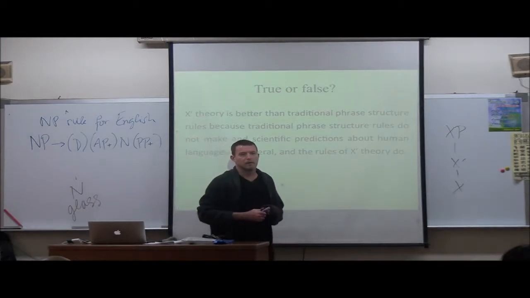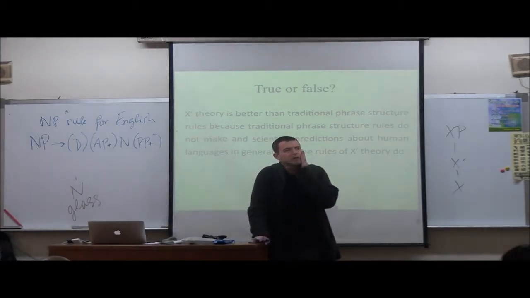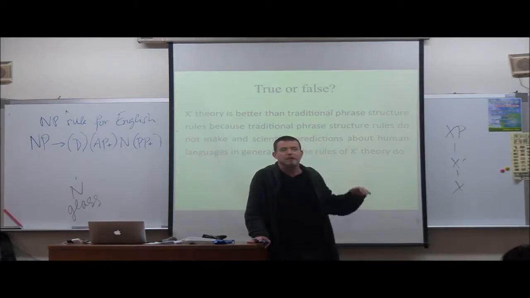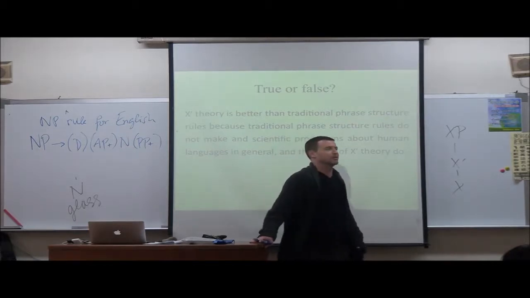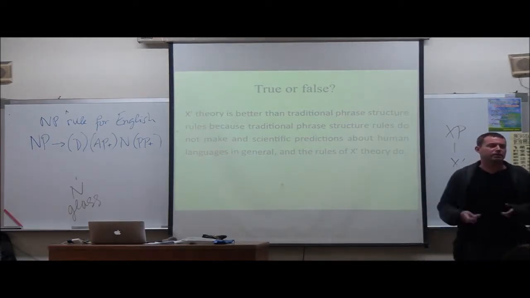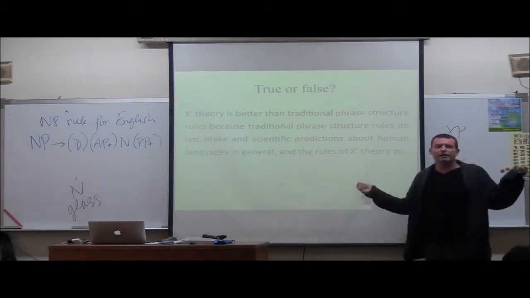Okay. What does our NP rule for English say about the nature of human language? Did you say nothing? That's right. This is an NP rule for English. If we want one for French, we need a new rule. If we want one for Chinese, we got to make a different rule.